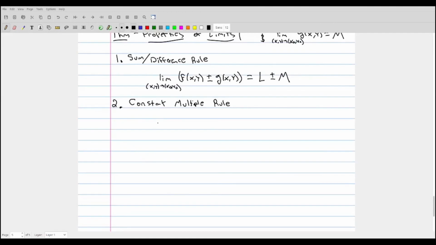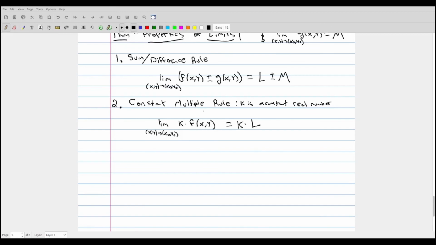It says that the limit as you approach a point of, let's say k is a constant, k is a constant real number, the limit of k times some function is the same thing as k times the individual limit of the function, if that limit exists.